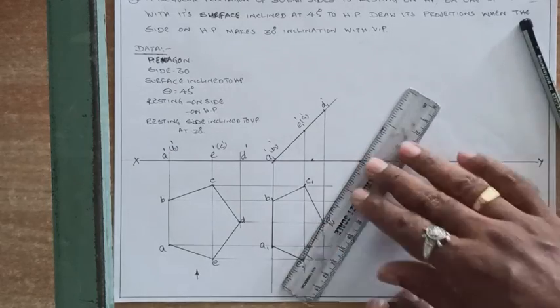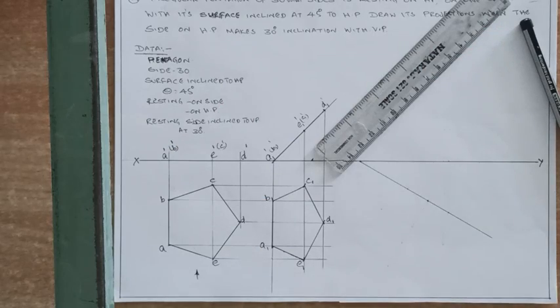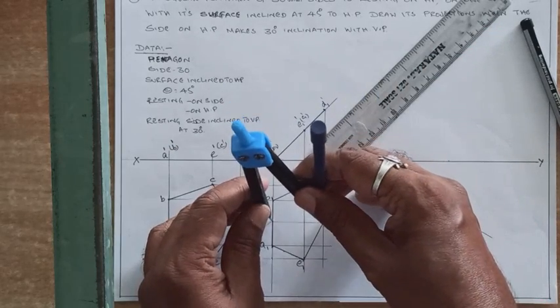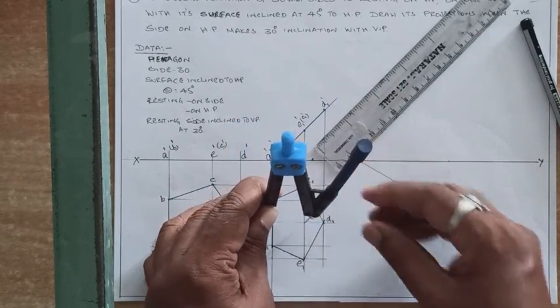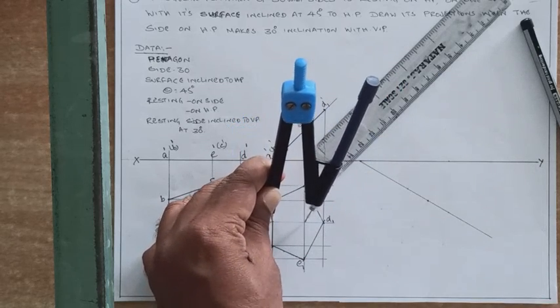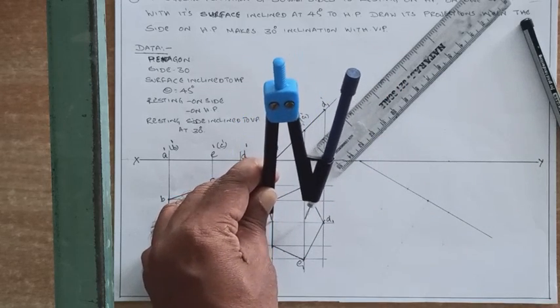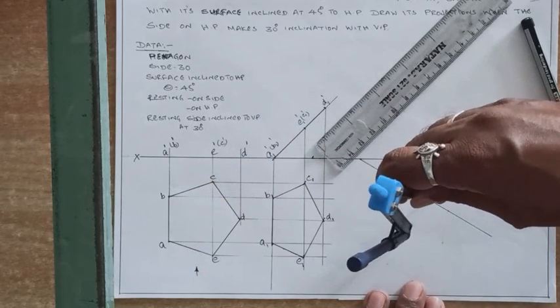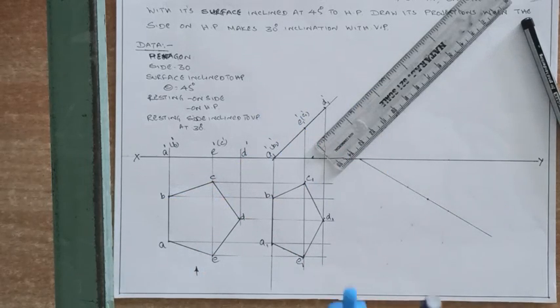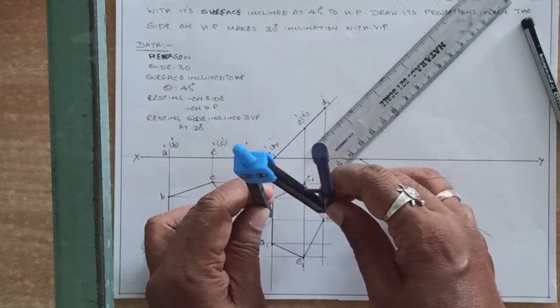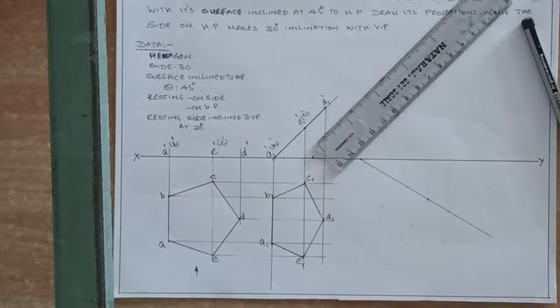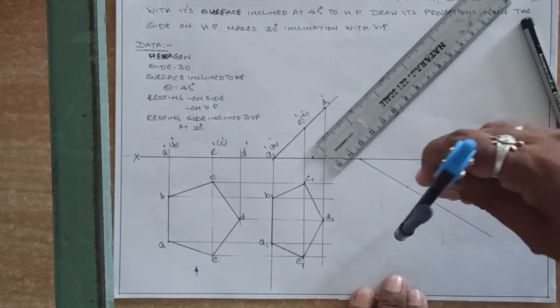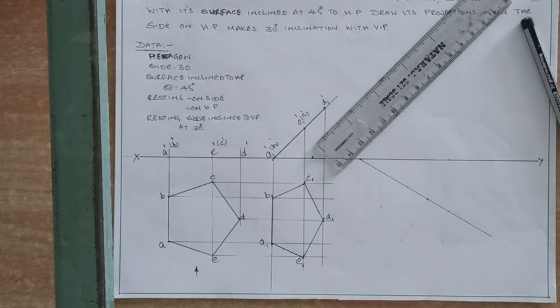Now again transfer this distance from here to here, and transfer it onto this perpendicular line. Again from the base to this distance, mark it.